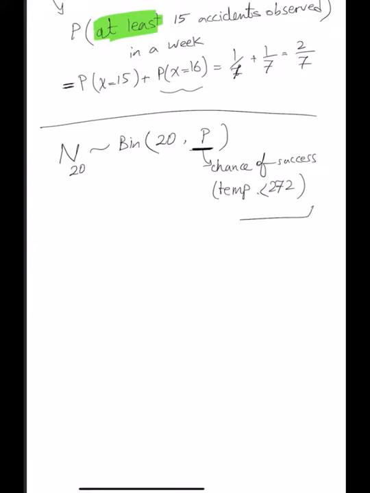The number of reactions when the temperature is less than 272. Can you tell me how many of the reactions have led to temperature less than 272? 108. 48 plus 60 out of how many? 200. Exactly. So this number will give me the chance of success that I can use in this setup and then find the probability or anything I need.